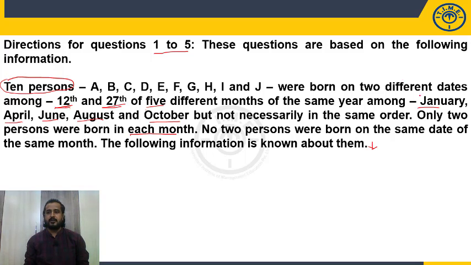We don't know the name of that person. Second person must have been born in Jan and on 27th. Third person, April 12th. Fourth person must have been born on April 27th and so on. So ultimately we need to distribute the persons.